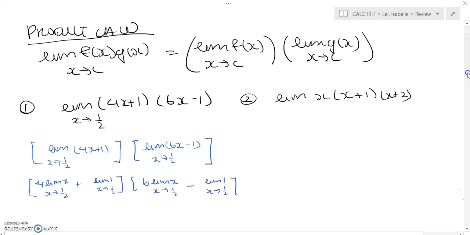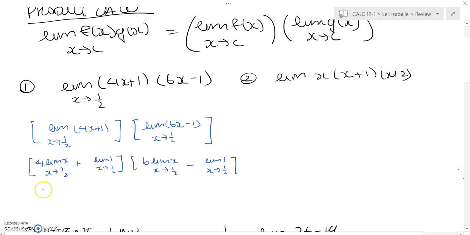And once we plug our numbers into this we get 4 times half plus 1 multiplied by 6 times a half minus 1, which gives us 3 times 2, which gives us 6. Just our final answer.